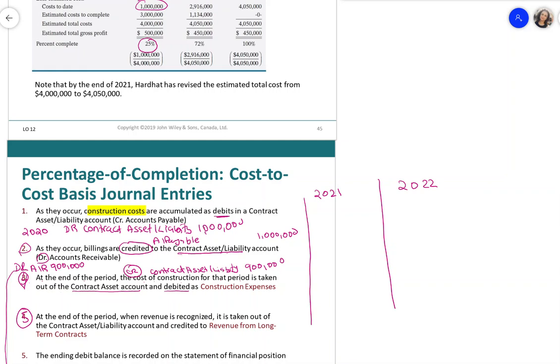We can only recognize 25% of the revenue. The construction cost for that period is taken out of the contract asset account and debited to the construction expense. My entry will be, debit will be your construction expense.